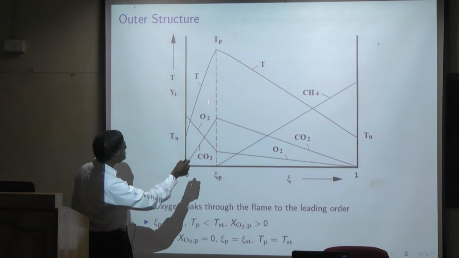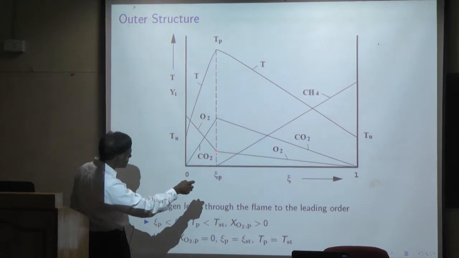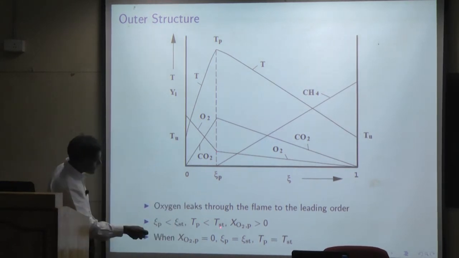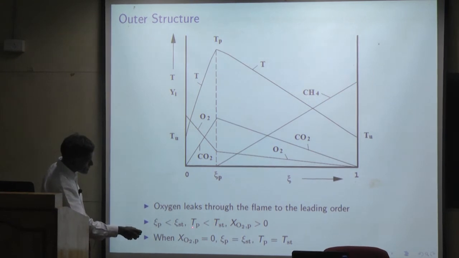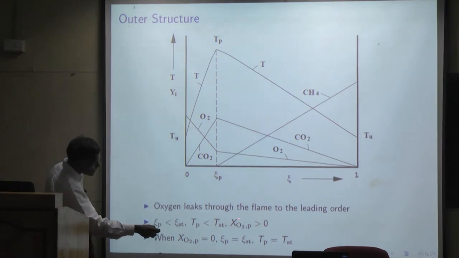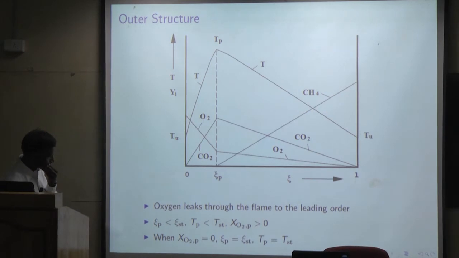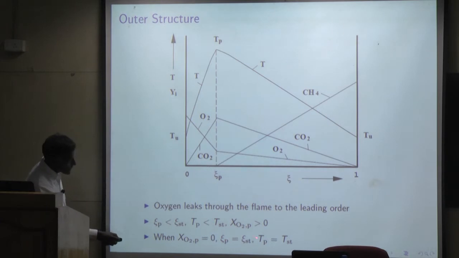Because there's leakage of oxygen, the flame now sits over here and does not reach the complete adiabatic temperature. It's less, and there is a leakage of oxygen. When oxygen leakage is 0, the flame position Cp will be equal to CST, and the flame temperature Tp will be equal to the adiabatic temperature.